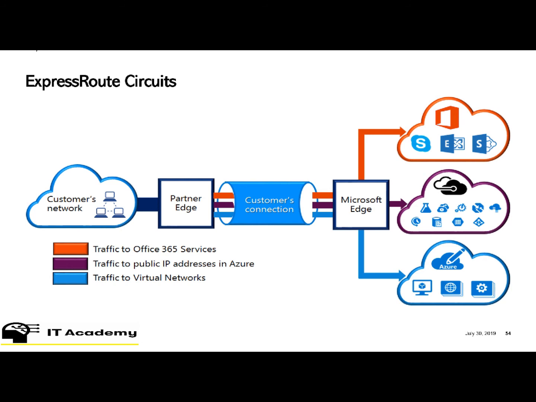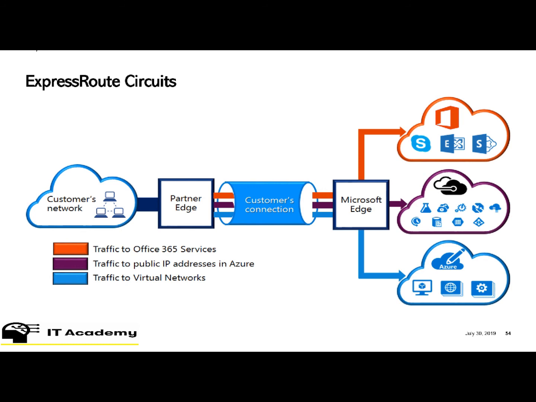There are some circumstances in which we can't allow any of our data, regardless of it being encrypted or not, to flow over the public internet. Examples might be where we're using healthcare information, or maybe defense level information. So, an Azure ExpressRoute gives us a connection from our on-premises network into Microsoft's Edge network using a service provider's network.